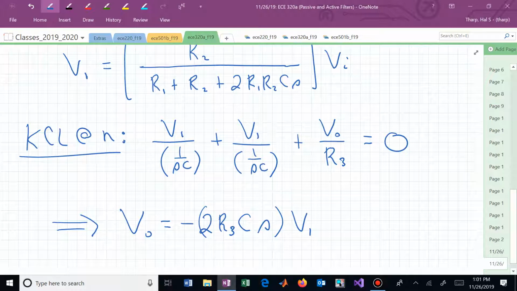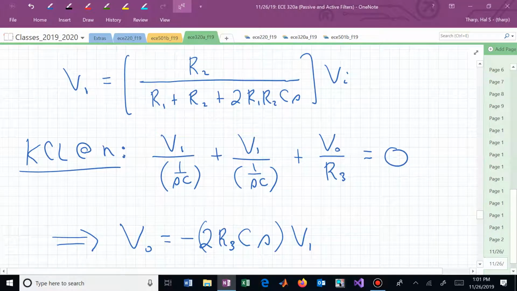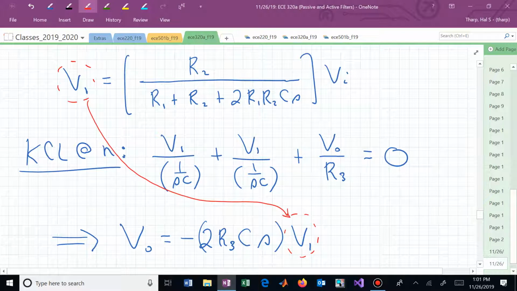We can now combine this V1 or use this V1 expression into that location or that slot, and now we will have eliminated the one node voltage that we didn't need necessarily, and we have a transfer function between V sub I and V sub O.